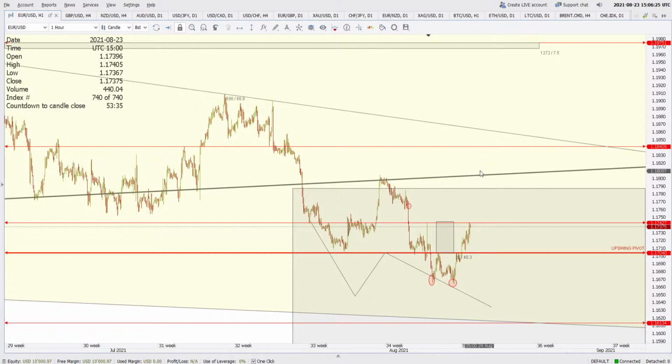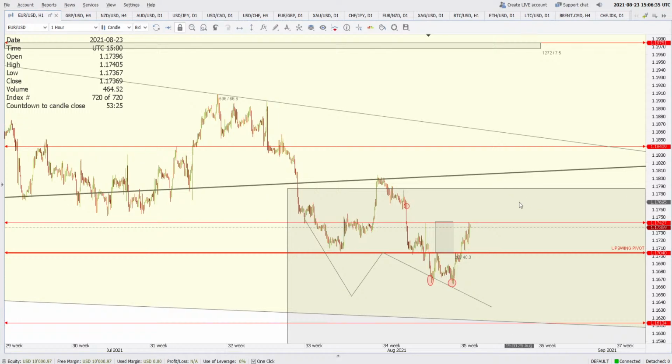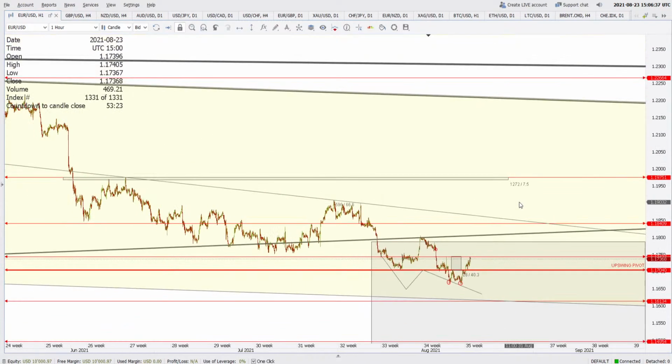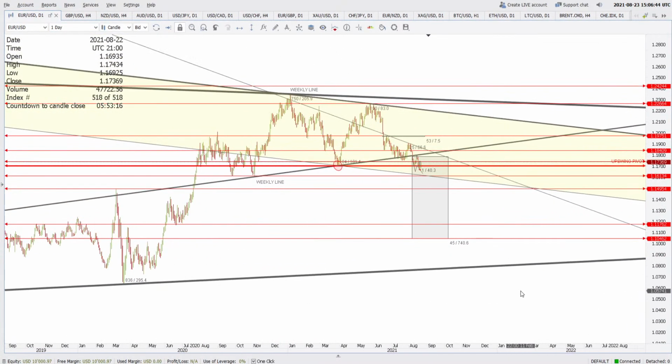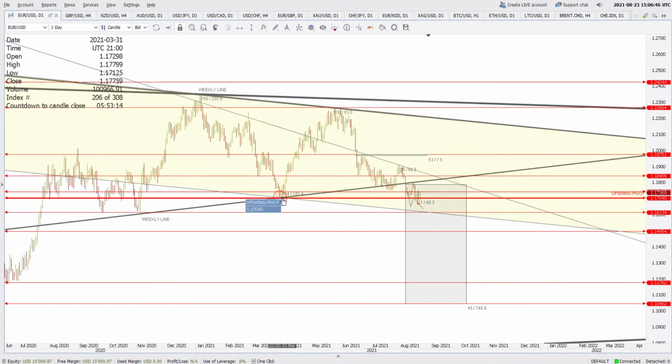You see this rising line, which is going to act as a frequent dynamic resistance in the future. And we also have targets to achieve on the downside, because the structure of the market is down now, since the price has broken the previous low of 1.1704.